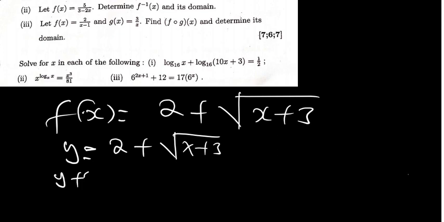y minus 2 is going to be equal to the square root of x plus 3. We square both sides.